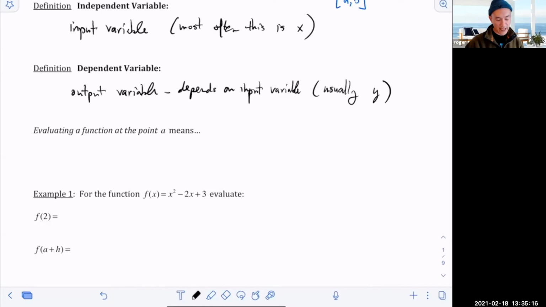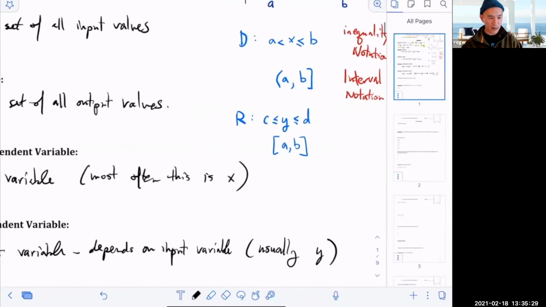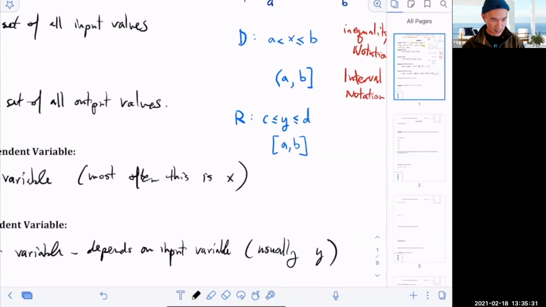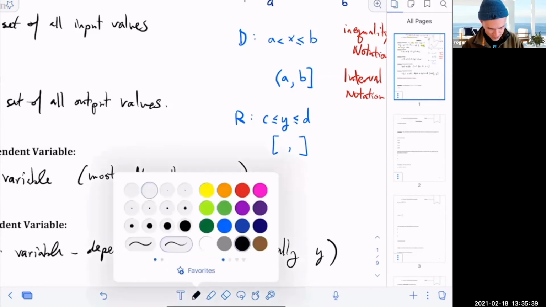So when we say evaluating a function at a point A, what do you think that means to evaluate it? Oh, whoops, it is CD, my bad. Sorry, Samantha, I didn't see your comment till just now. You could also just say something out loud.